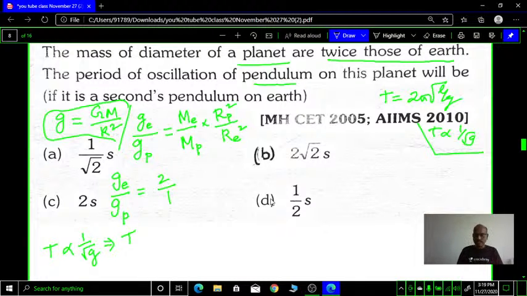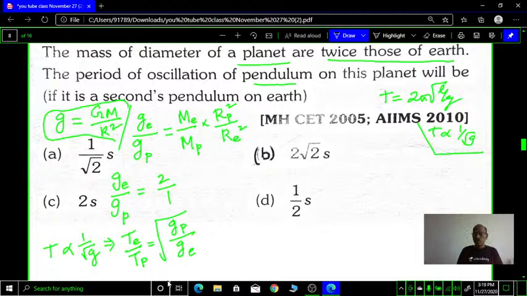See here, the question: time period of oscillation of the pendulum on this planet. So time period on the Earth by time period on the planet equals, we know it is inversely proportional to g, so g on planet by g on Earth. That's it. Now what is given according to the problem?